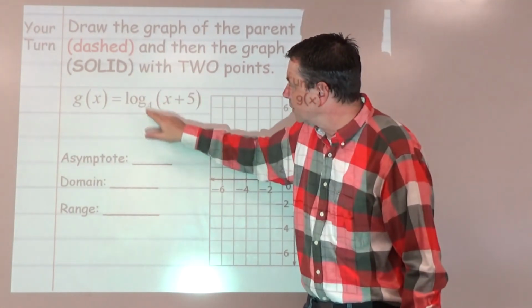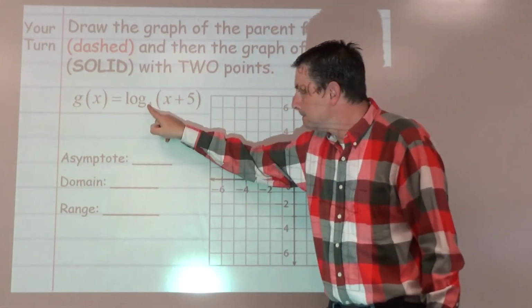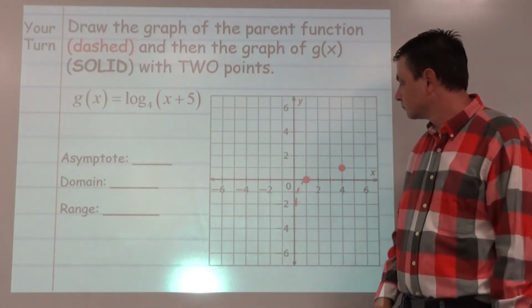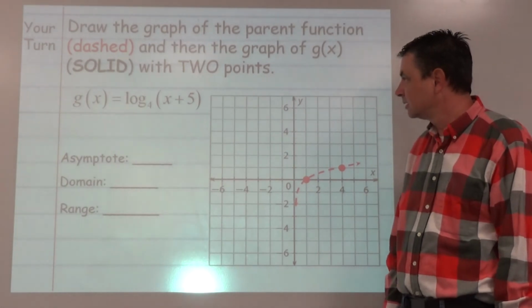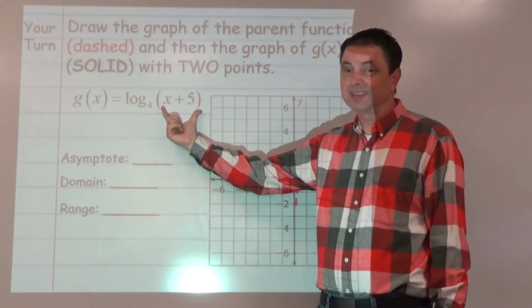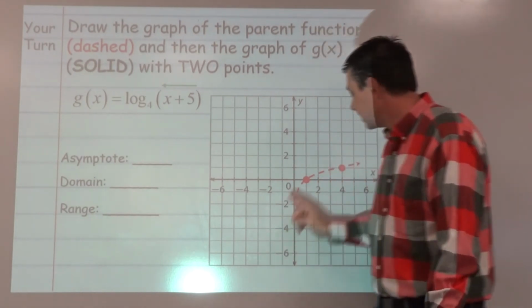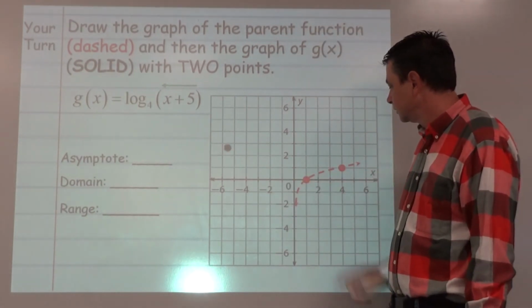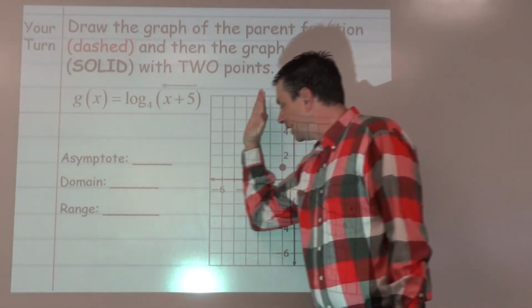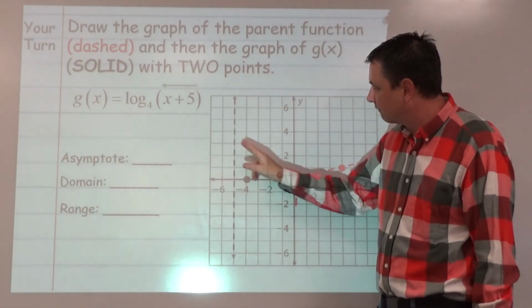So our parent function, log base 4 of x, so 1 comma 0. Base comma 1, 4 comma 1. It gets close to the y-axis. Our transformation is inside parentheses with the x. Think opposite. We'll go left 5. So we're going to take our key points, left 5, and the asymptote, left 5. 1, 2, 3, 4, 5.